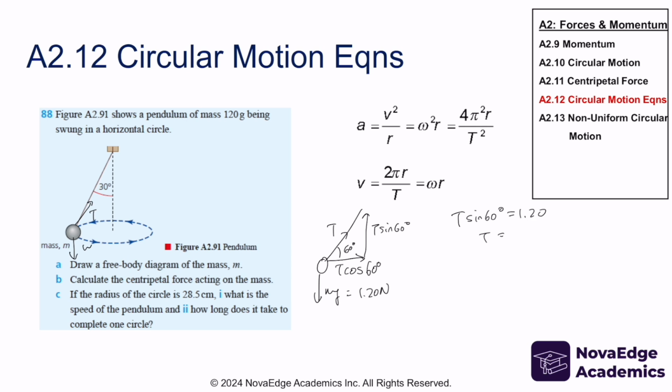So T is equal to 1.39 newtons. Okay, T cos 60 degrees is equal to 0.69 newtons. So I have 0.69 newtons going towards the center right here, and that is the centripetal force.